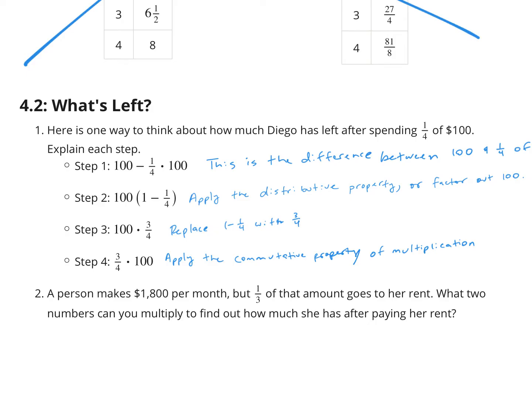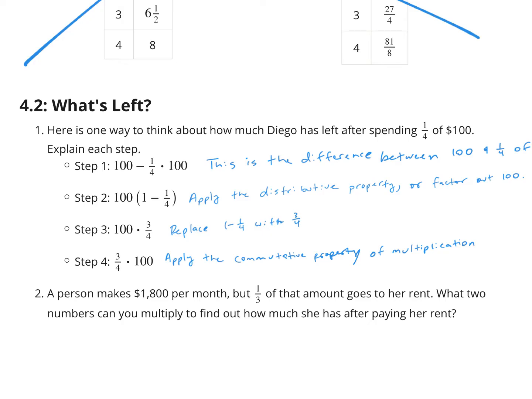Think of it as similar to a percent increase or decrease, right? He's spending 25% of $100. So if we want to know how much he has left, we're going to subtract that amount from $100, or you can just think of it as we will have 75% left, so 75% of 100.